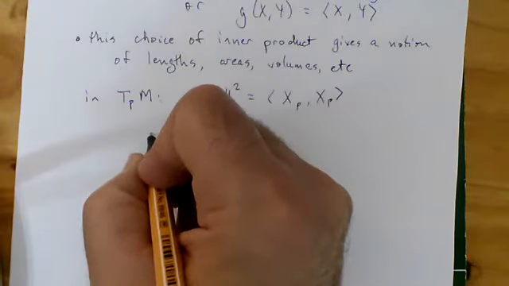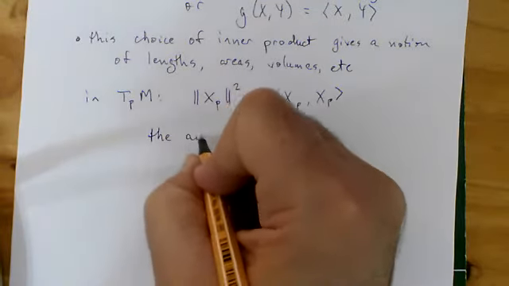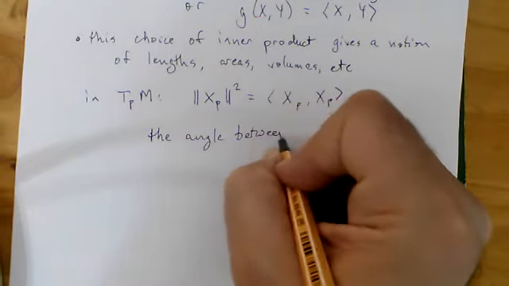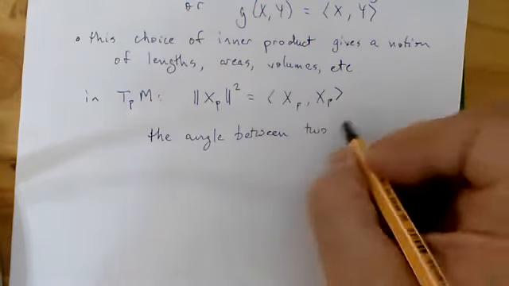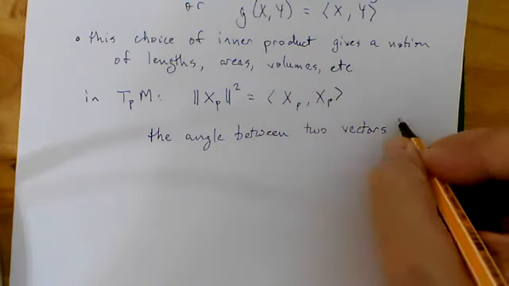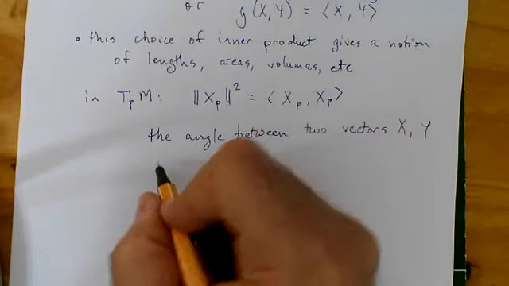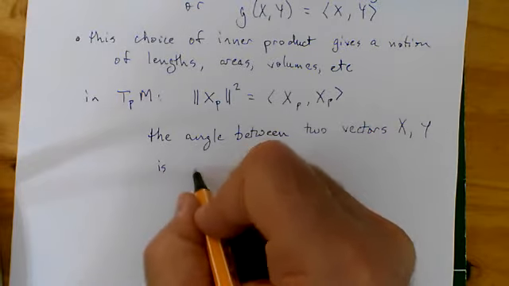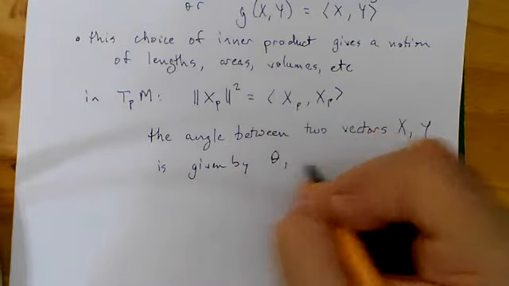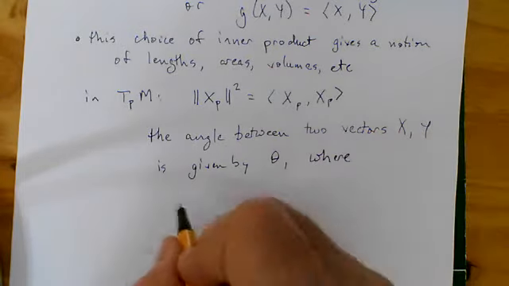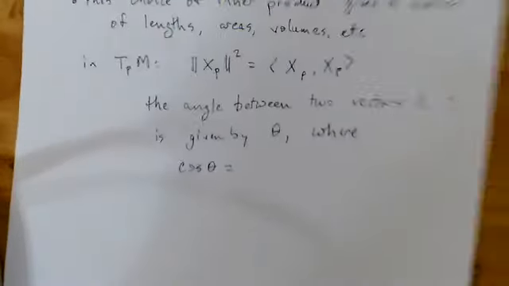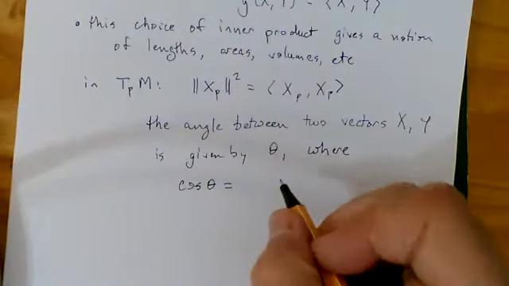The angle between two vectors x and y will then be given by the formula you're used to for the angle between two vectors.